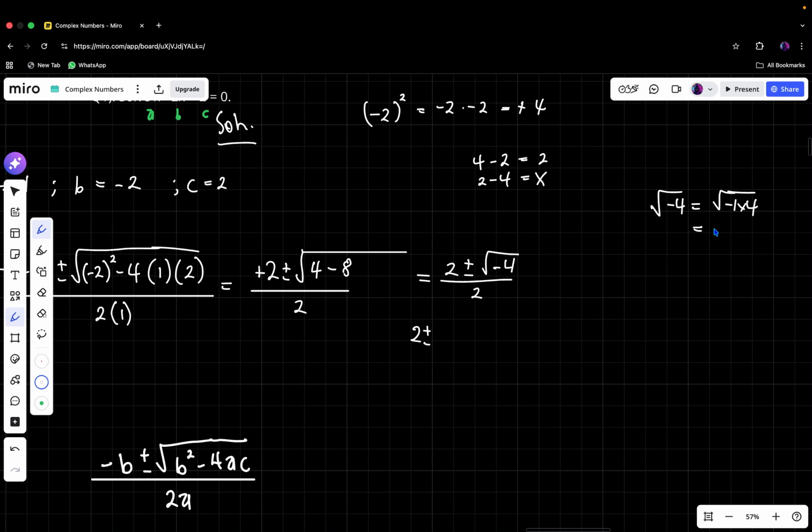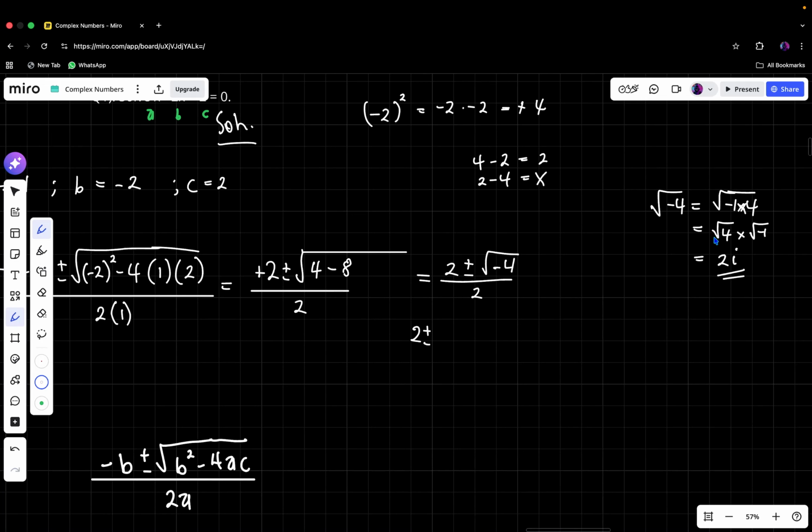You can separate it since they are both being multiplied. You can say square root of 4 times square root of negative 1. Now, what is the square root of 4? 2. What is the square root of negative 1? It is simply i. So this will be your final answer, 2i.